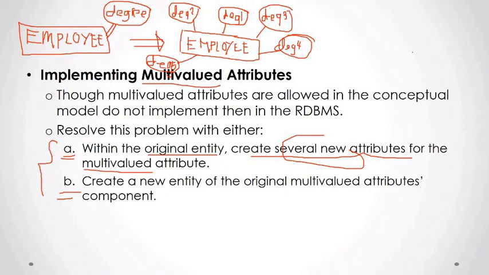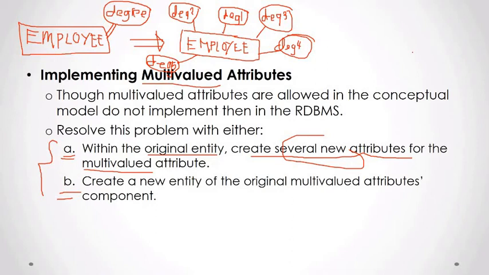So that's what will happen to your employee entity. Instead of one attribute degree, which is multi-valued, it will become 5: degree 1, degree 2, degree 3, degree 4, degree 5. So it's not multi-valued anymore. If the employee has 1 degree only, then fill up degree 1.